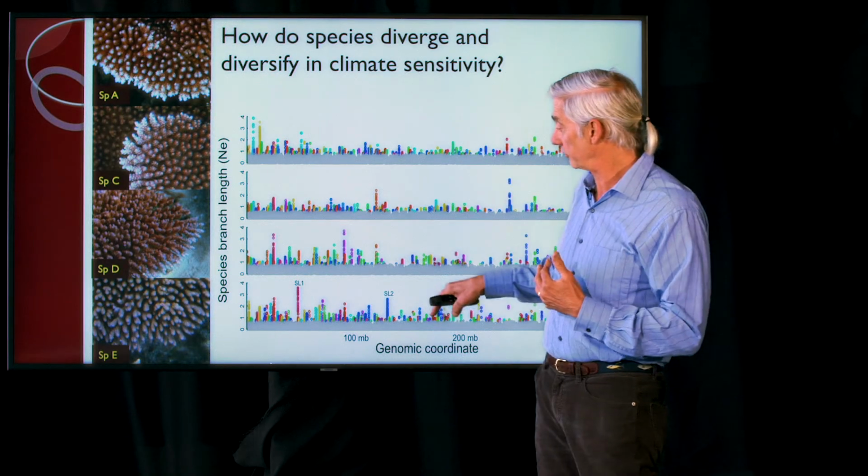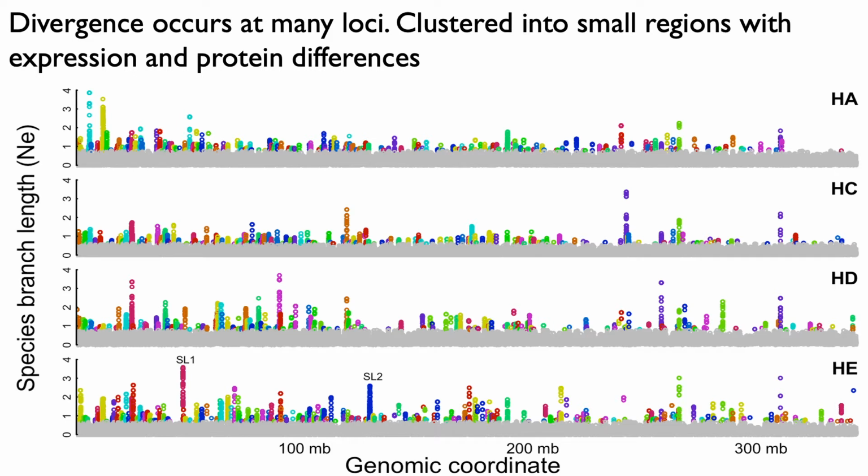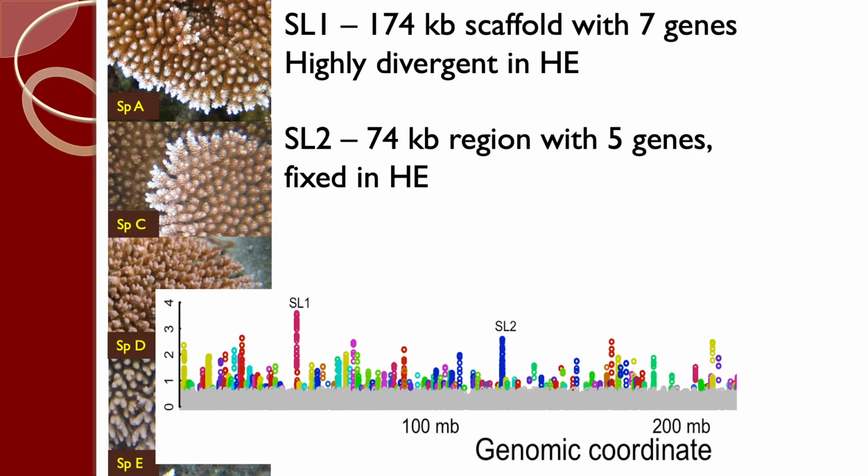And then from this graph, we can dive in, see it a little better here, and go further in to ask what the genes are in this region of these particular parts of the chromosome, and what they might be doing in causing or helping species HE to be more heat resistant. Well, the region SL1 is a pretty small region.